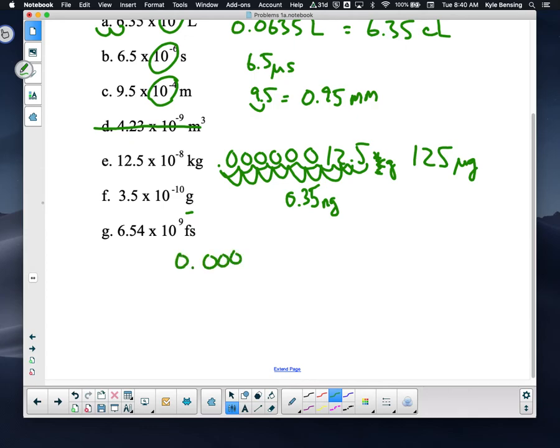I'm going to rewrite the zeros here. This is femto, pico, nano, micro.